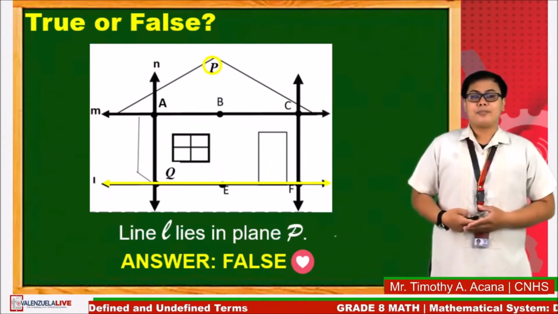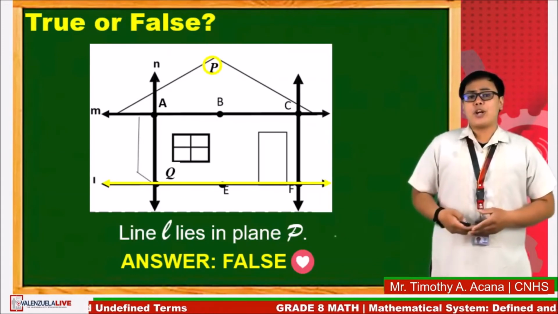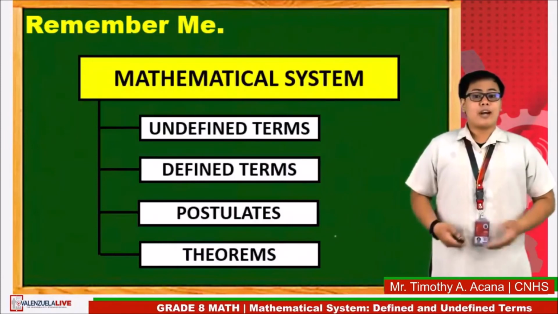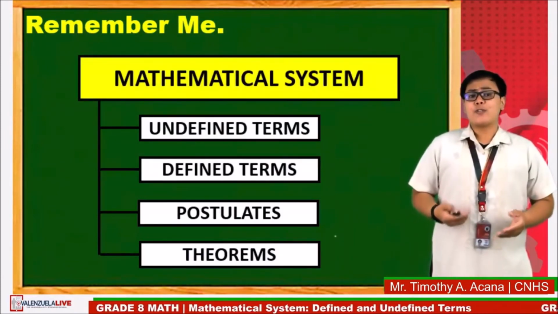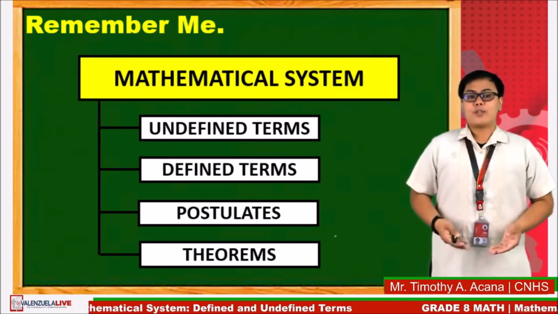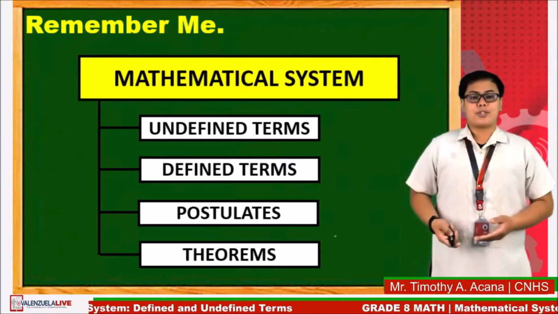Amazing. I hope you were able to enjoy our discussions and activities for today. To summarize, a mathematical system has 4 parts, namely undefined terms, defined terms, postulates, and theorems.